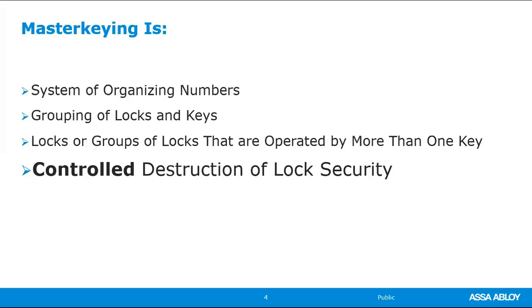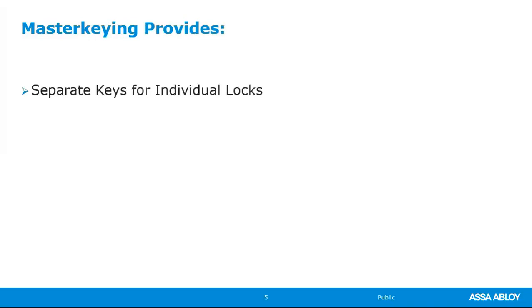Now, what does master key provide? Well, your master key system will provide a separate key for individual locks, if you so choose. It can also provide a single key for all the locks in the system. That is actually called our TMK, our top master key. There is a top master key always, but at one point, you have to give the top master key a name.